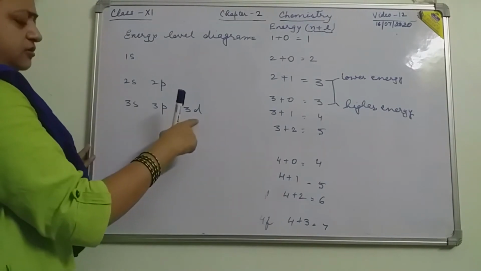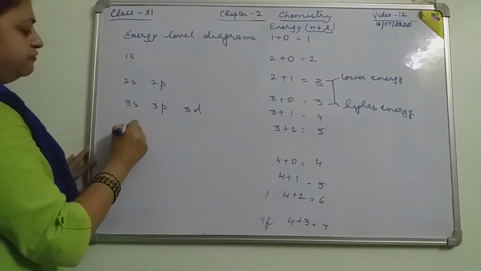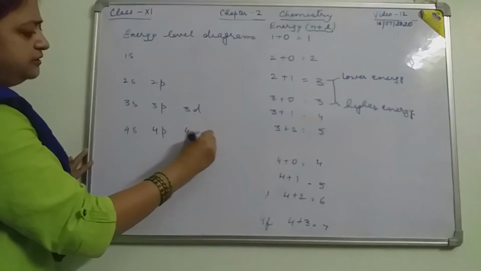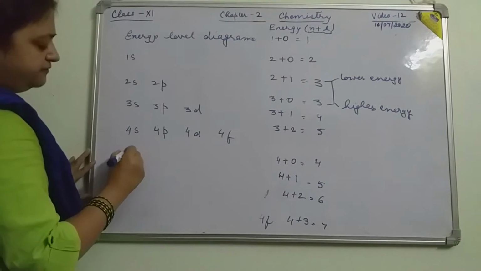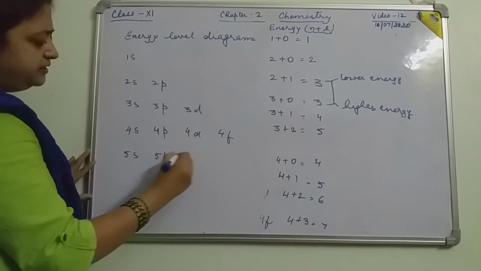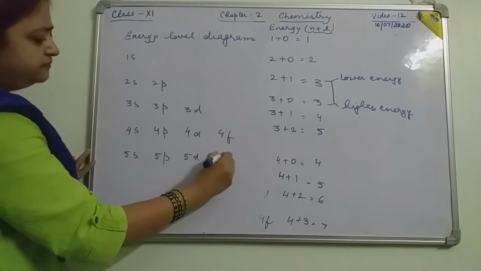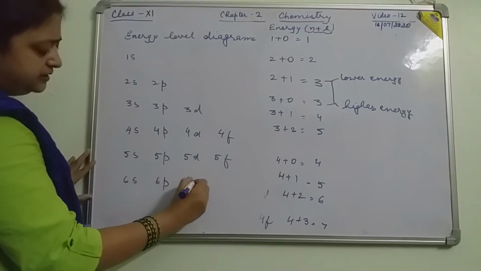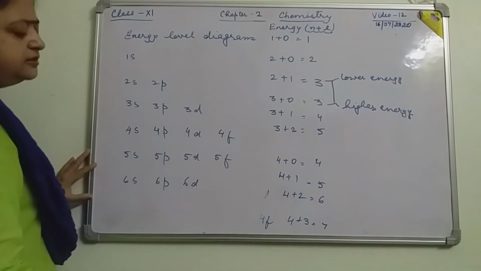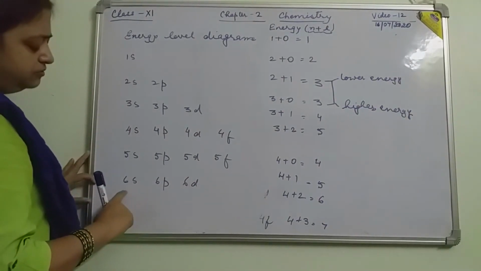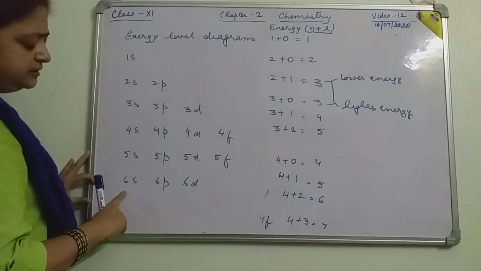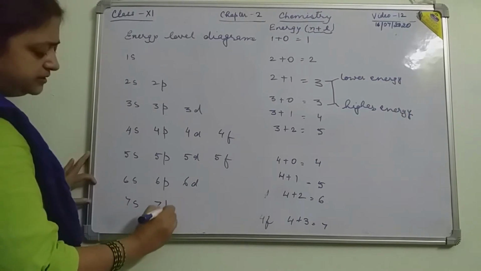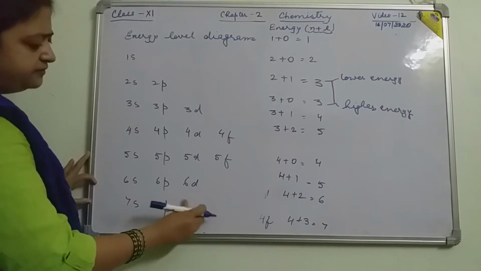The third shell has 3 subshells s, p and d. The fourth shell has 4 subshells, 4s, 4p, 4d, 4f. Then 5s, 5p, 5d, 5f. You can write 6s, 6p, 6d, 6f, 6g, 6h, but here we write 6s, 6p and 6d, then 7s, 7p.